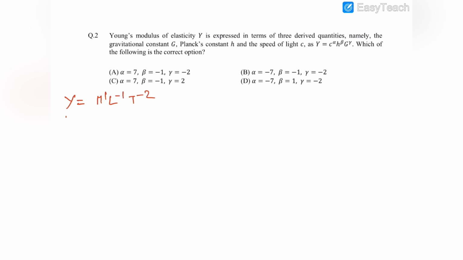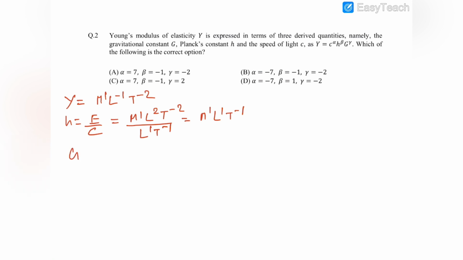We know that H is equal to E by C. So the dimensions of H would be M1 L2 T minus 2 divided by L1 T minus 1. So you can see that it is M1 L2 T minus 1.